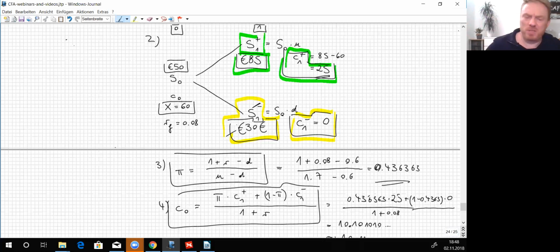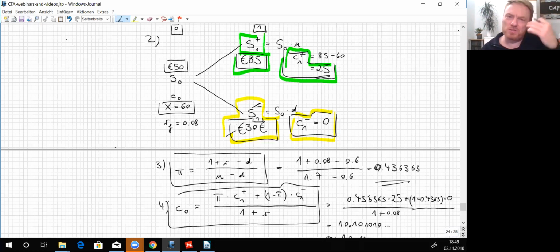For example, the 25 was 85 minus 60, and the number 0 also went back to the strike price, because if we have a price of 30 and the strike price is 60, there's no use in exercising this option, so this value was 0.